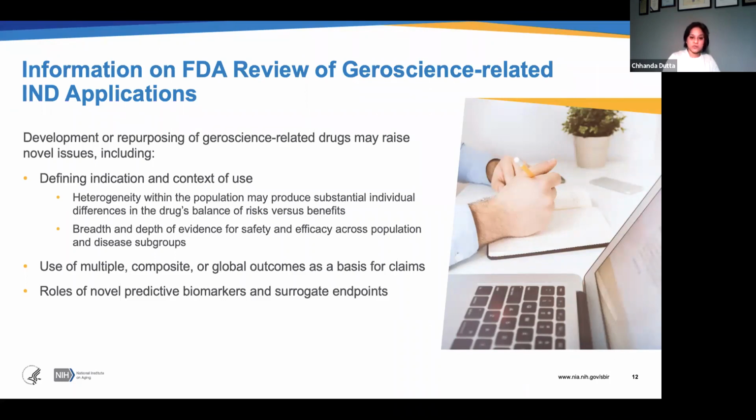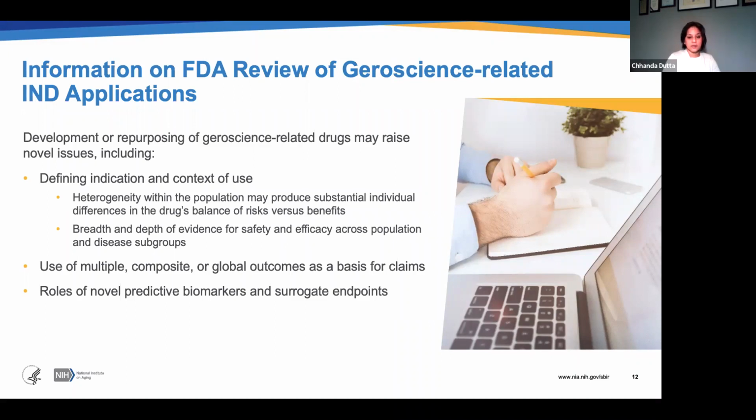And one of the goals of this RFA is to facilitate dialogues between individuals interested in developing these geroscience-related drugs with the FDA, so that we can give them actual examples of products, actual issues that they need to think about in terms of clinical indications and other regulatory aspects of these kinds of drugs.